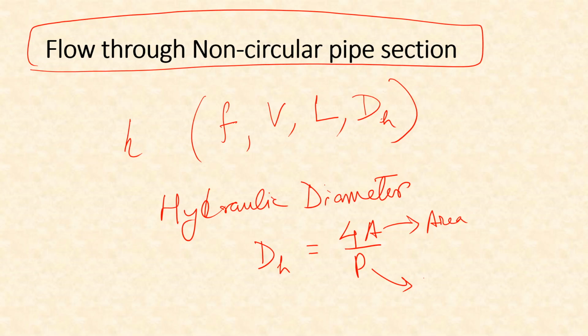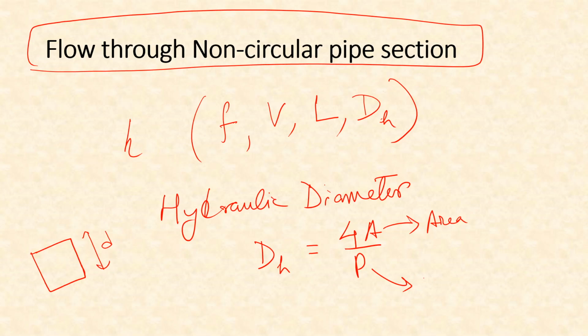So if we have a square cross section like this, suppose the inner side length is d.